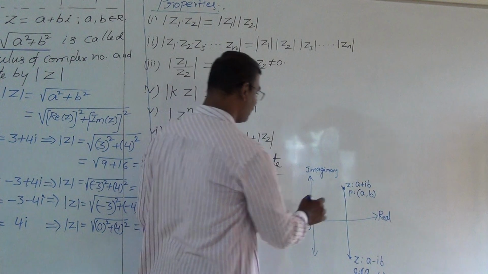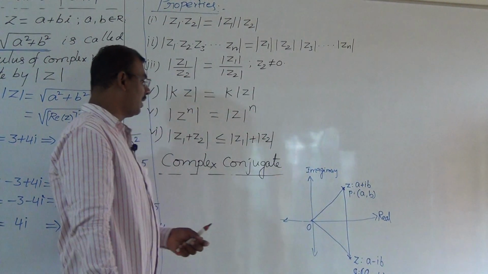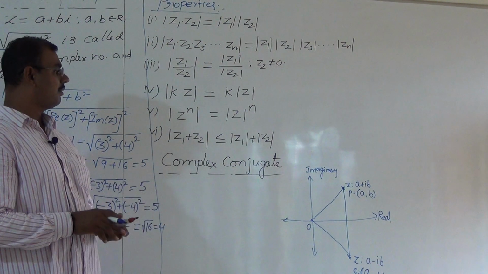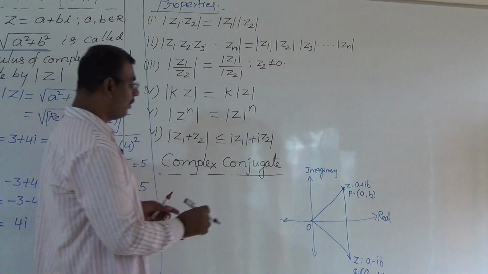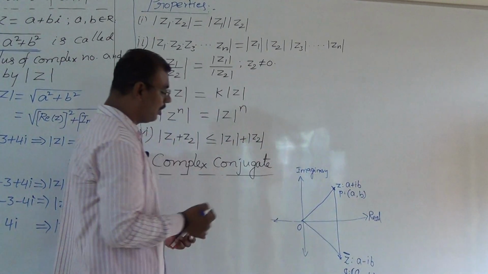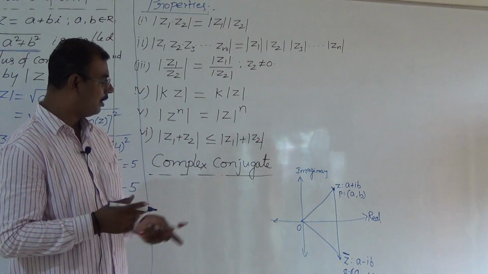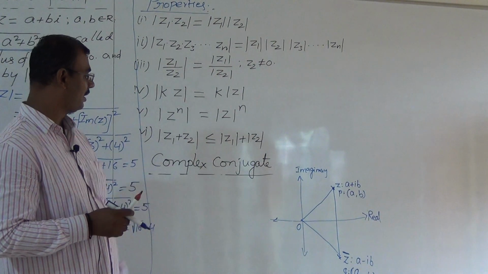So I can join this with the origin. Now how to define it? The conjugate of a complex number is generally denoted by z bar. What do you call it? Z bar. The conjugate of a complex number is denoted by z bar.